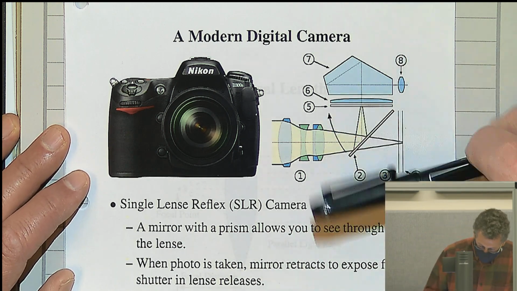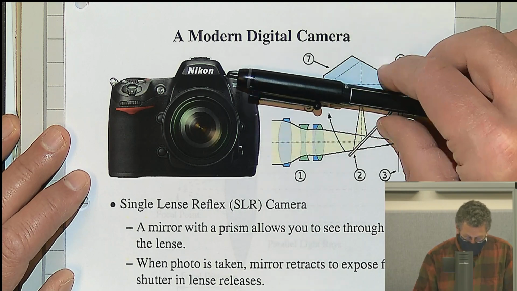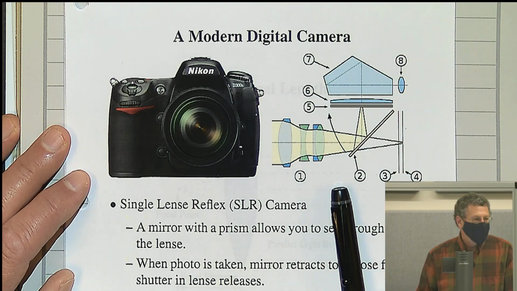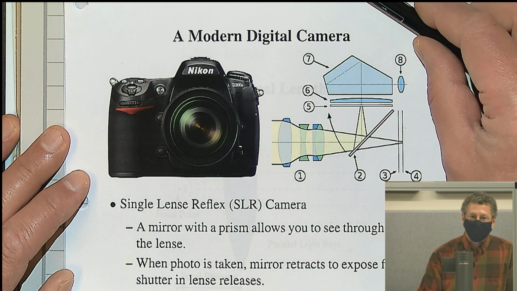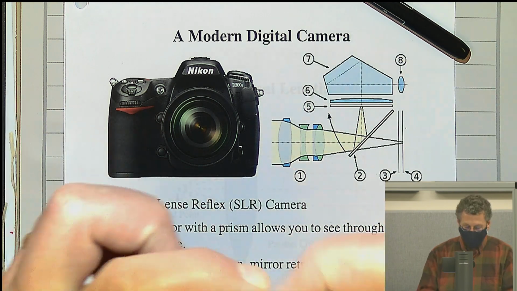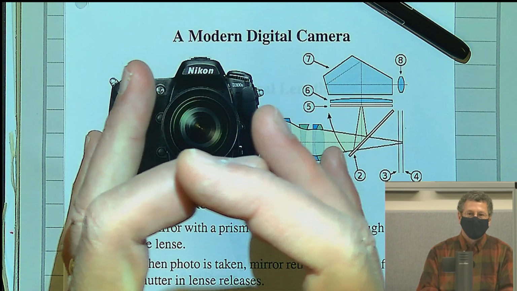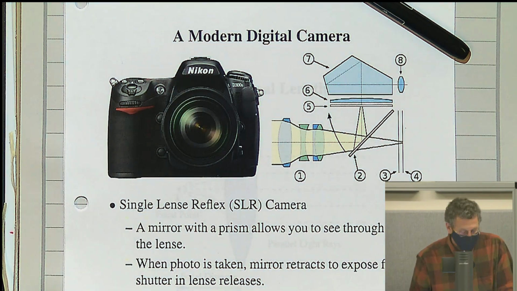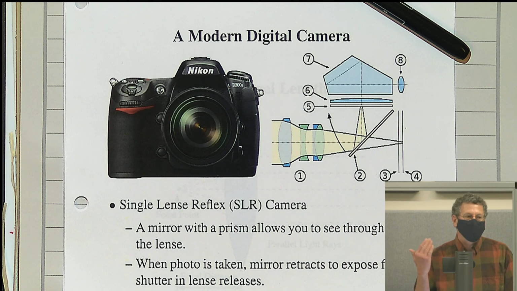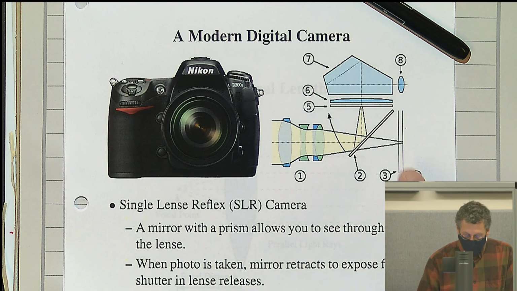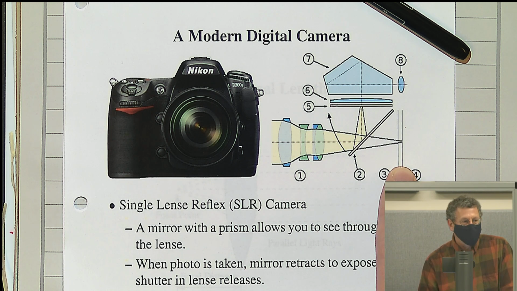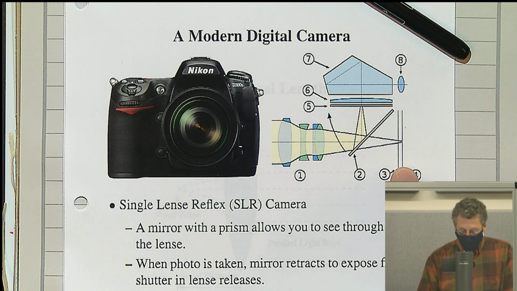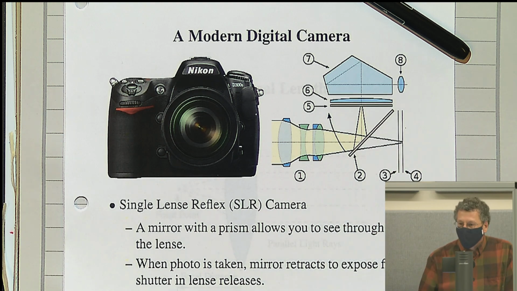So the mirror flips up, and then the aperture, we'll talk about that in a minute, the iris shuts down to the correct diameter that you've selected. Then the shutter opens for a fixed amount of time. The electronic sensor has to shutter also, in conjunction with the mechanical shutter.